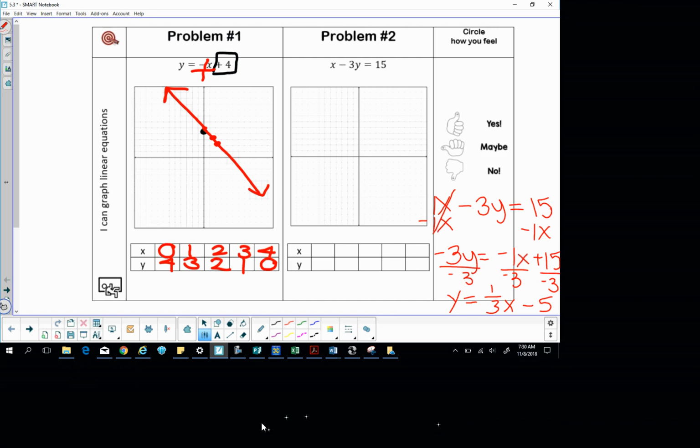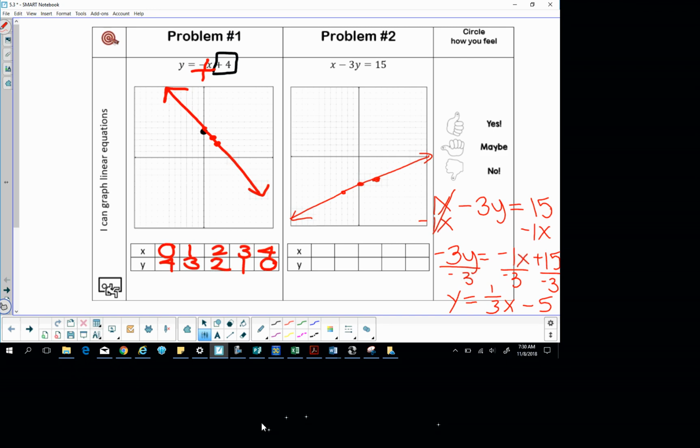This is really hard to see for some reason. 1, 2, 3, 4, 5. Since it's positive, am I going up or down? Going up. So I'm going up 1 over 3. 1, 2, 3. Try to do it on your paper better than I'm doing it on the board. I can't see it, but you get the general gist of it, right?